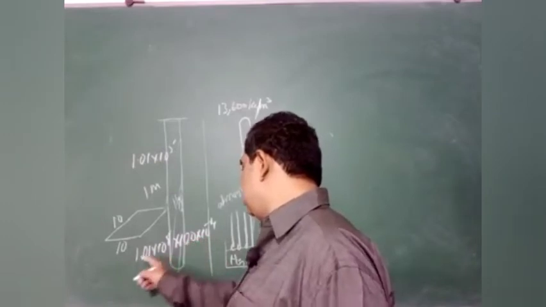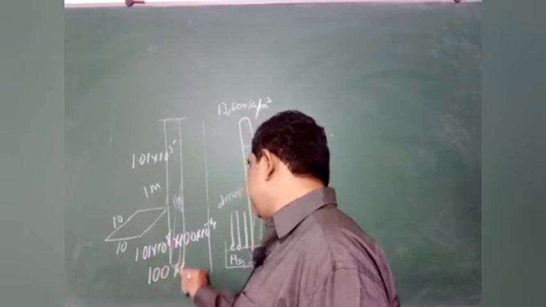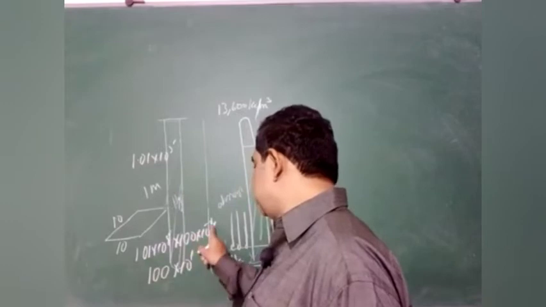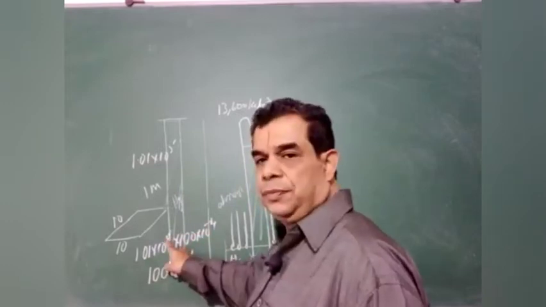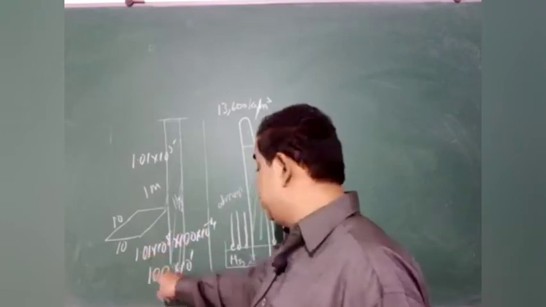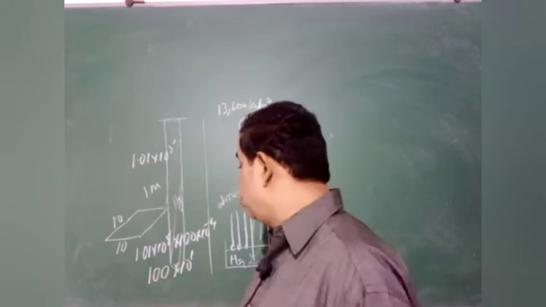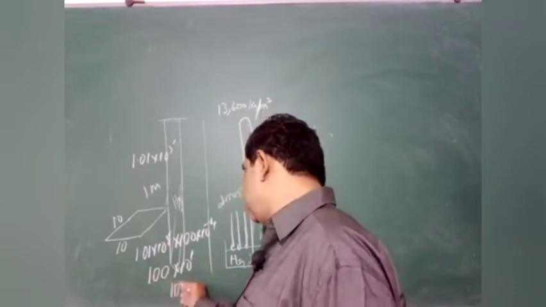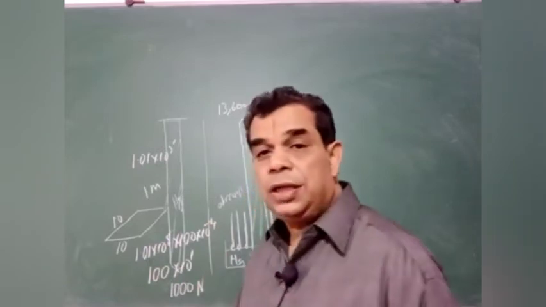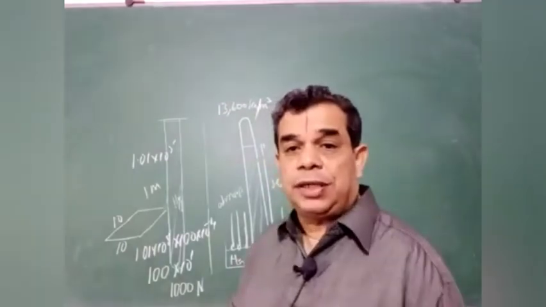So approximately we take 100 into 10^1. 10^-4 plus 1... 100 remained. 100 into 10^1. How much is it? 1000 Newton. 1000 Newton force acts on our head if it is 10 centimeter by 10 centimeter.